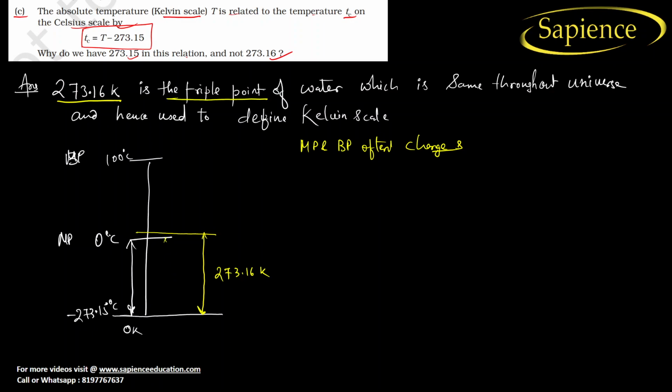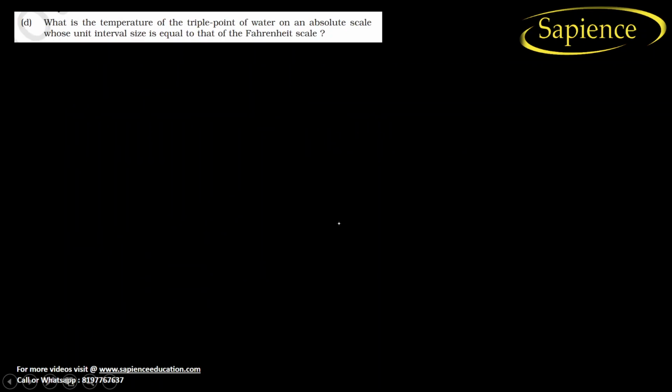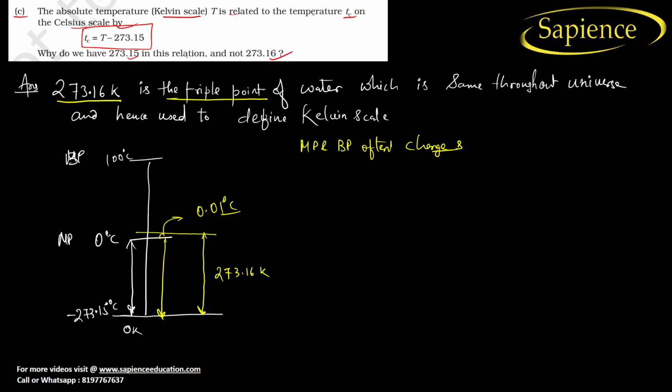So the gap between 0 and this one is how much? 0.01 degree Celsius. 273.15 is used for conversion only.